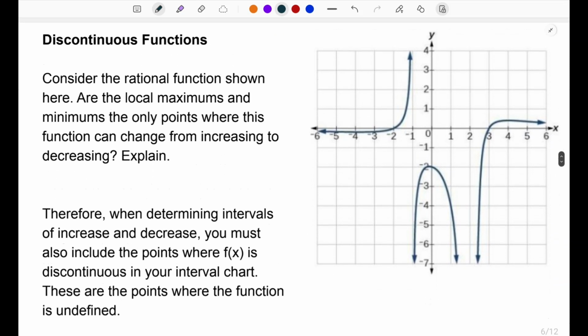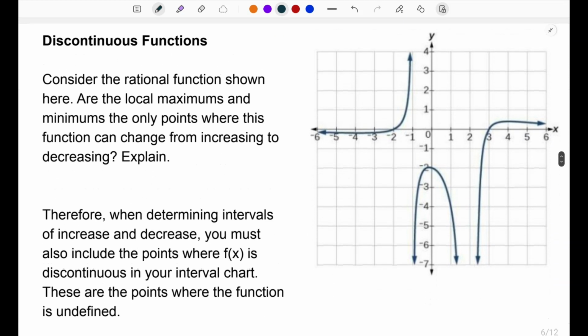But we do have to be careful because not all our functions are going to be continuous functions. And there are going to be situations where we do need to pay attention to, let's say, discontinuities or things like asymptotes, or if you have a hole, something like that. So if we take a look at this function here, let's look at this particular area right here. I'm just going to draw in an asymptote there. So in that area, our function itself, you can see it's definitely going down as you approach that area.